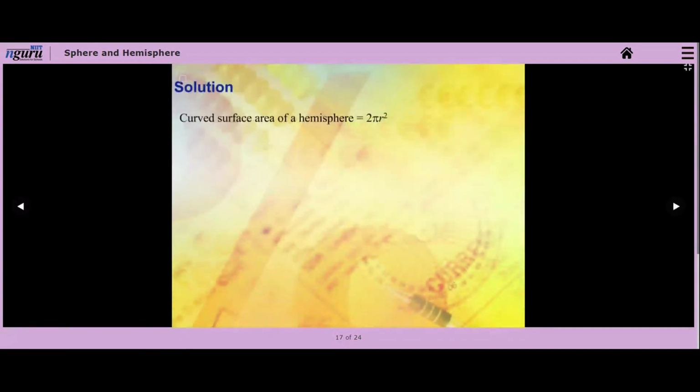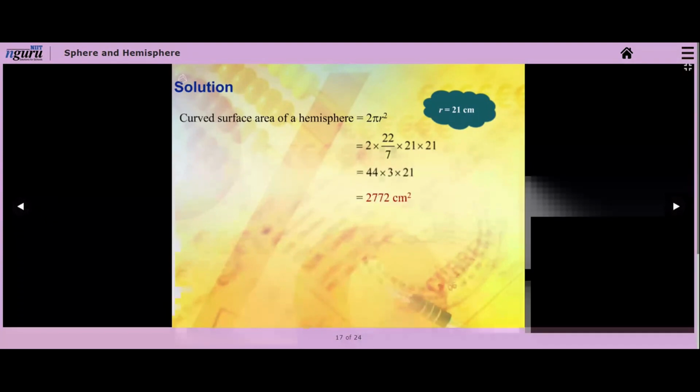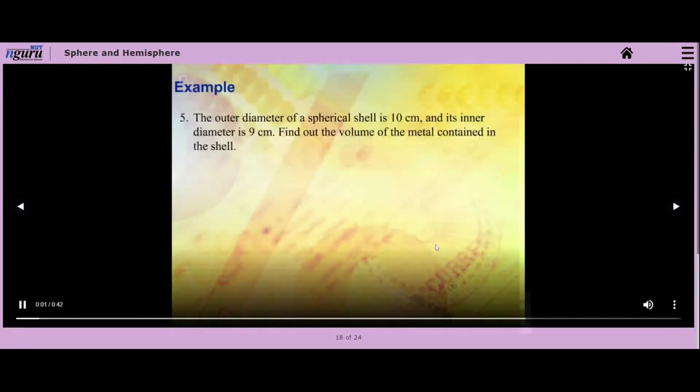We know that the curved surface area of a hemisphere is equal to 2 pi r square. In the formula, put the value of r as 21. We find that the surface area is equal to 2,772 square centimeters.